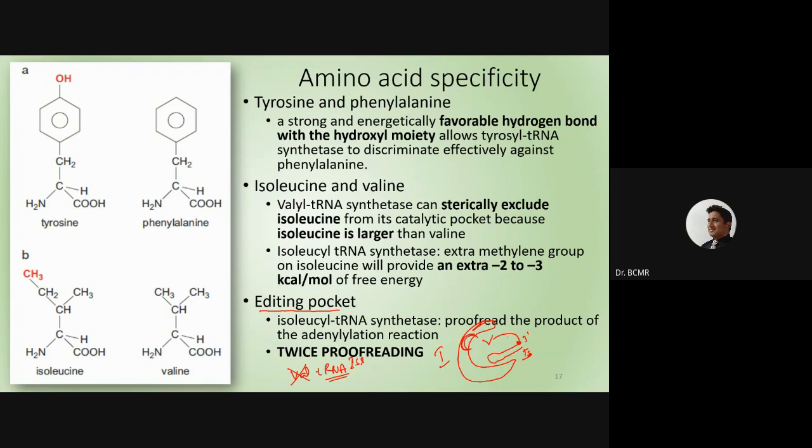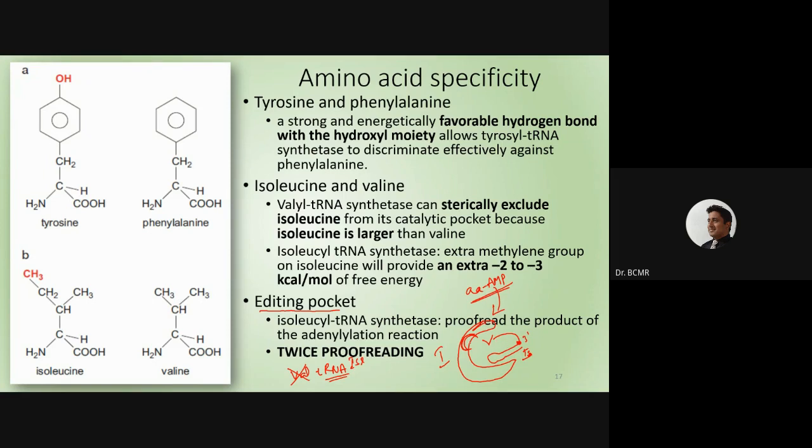What has entered in, I forgot to mention that. Anytime amino acids are entering into the synthetases, they come as amino acid with AMP, adenylated, and then they are actually added to the tRNA.